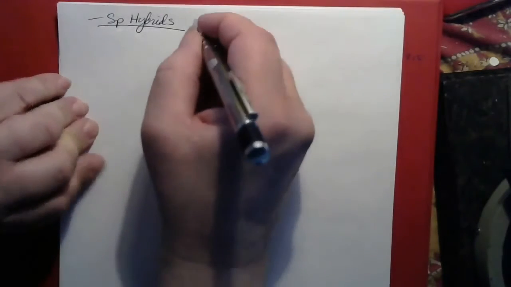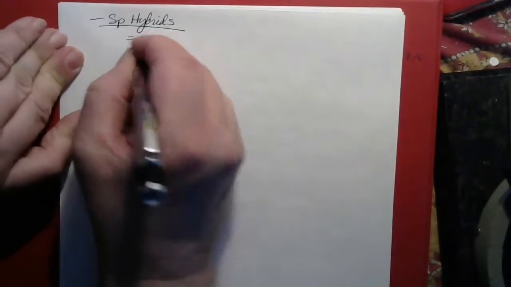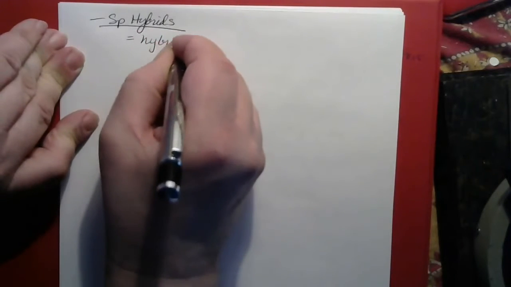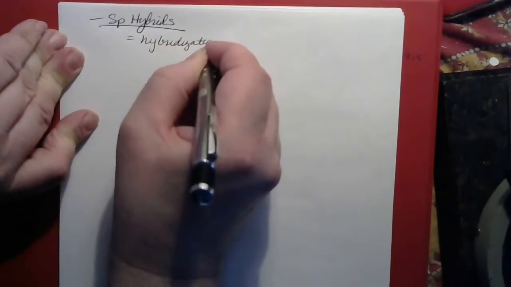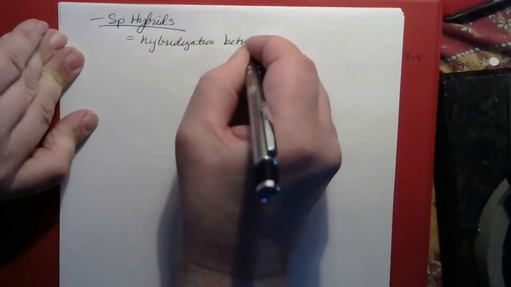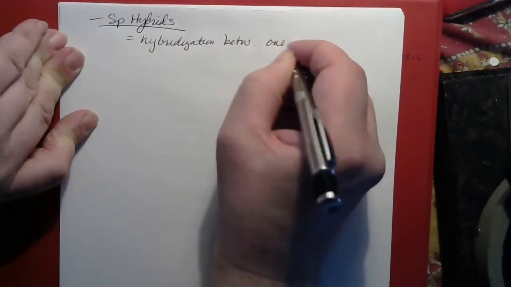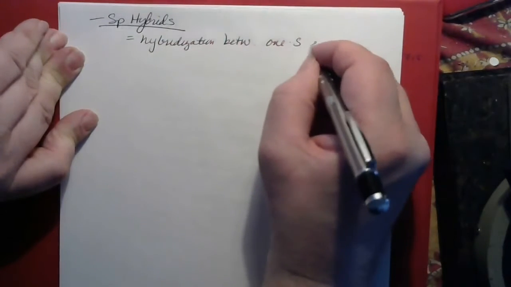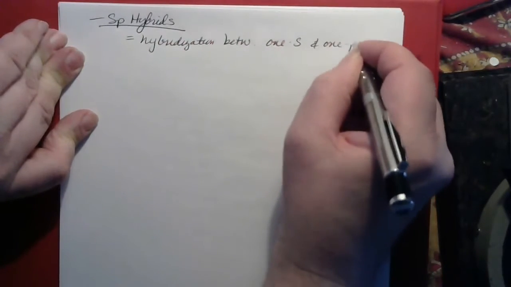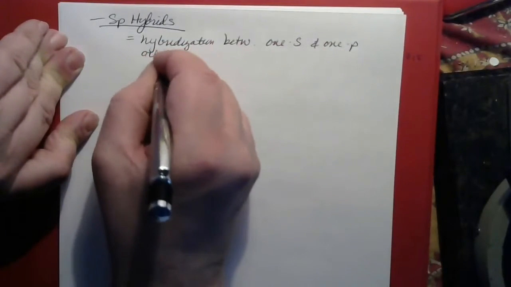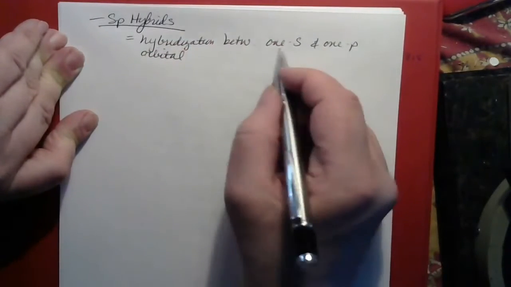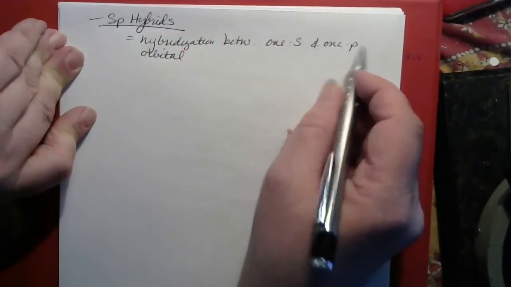Okay, so next for sp hybrids, these involve a lot of triple bonds. In an sp hybrid, it involves one s orbital and one p orbital.